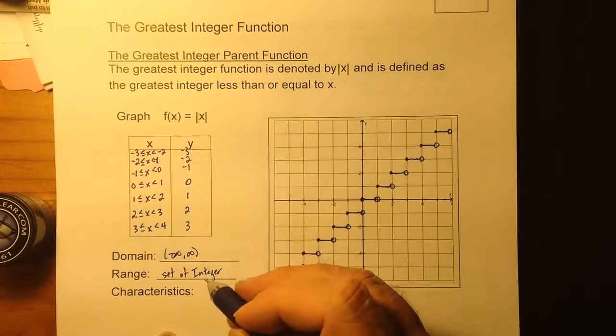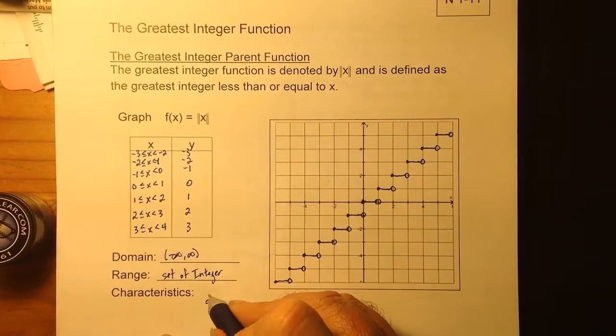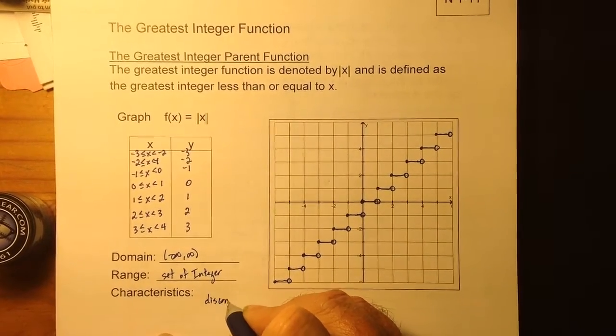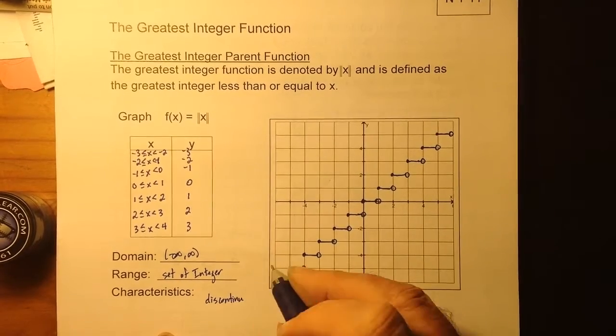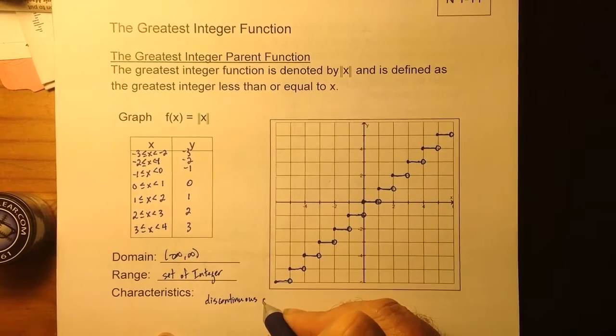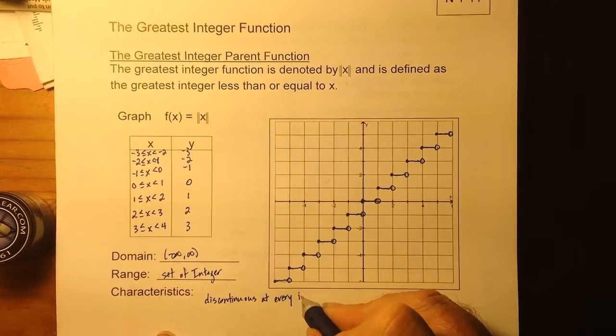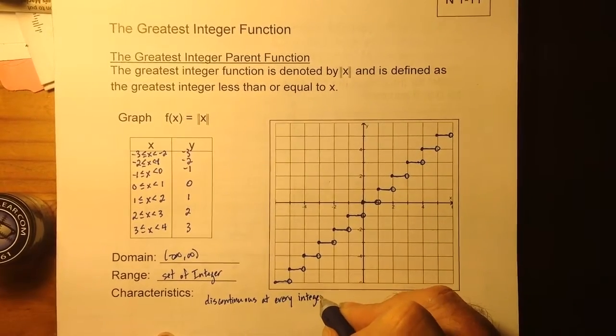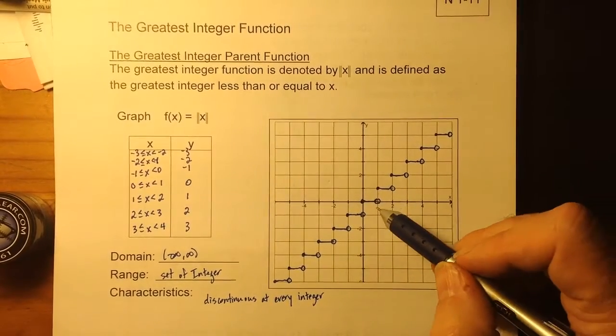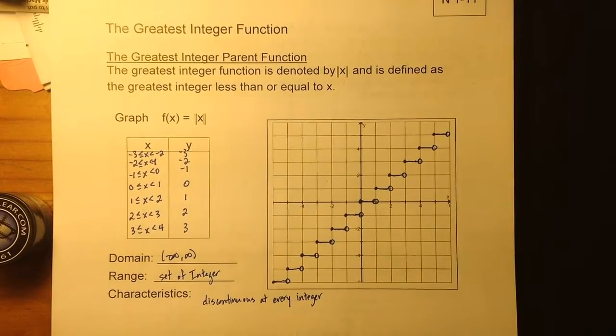Characteristics. Okay. This function is discontinuous at every integer. It jumps to the next level at every integer. So if I get to 1, it jumps. If I get to 2, it jumps. Discontinuous at every integer.